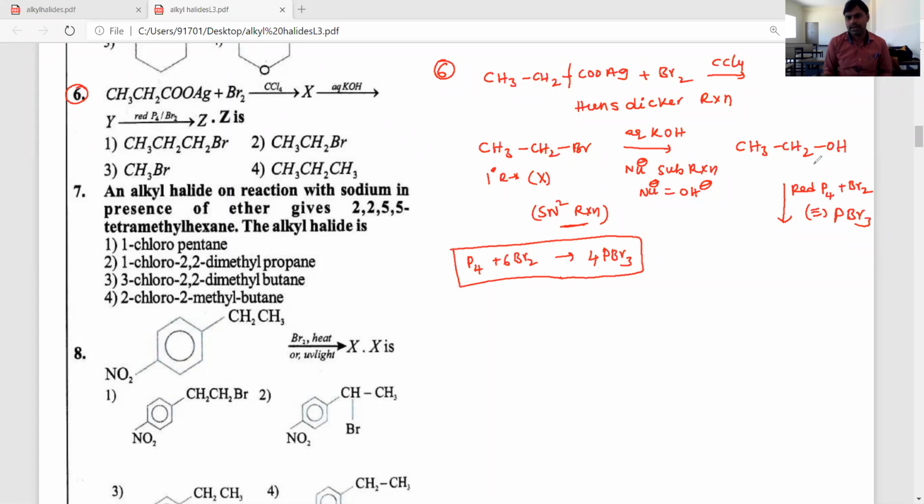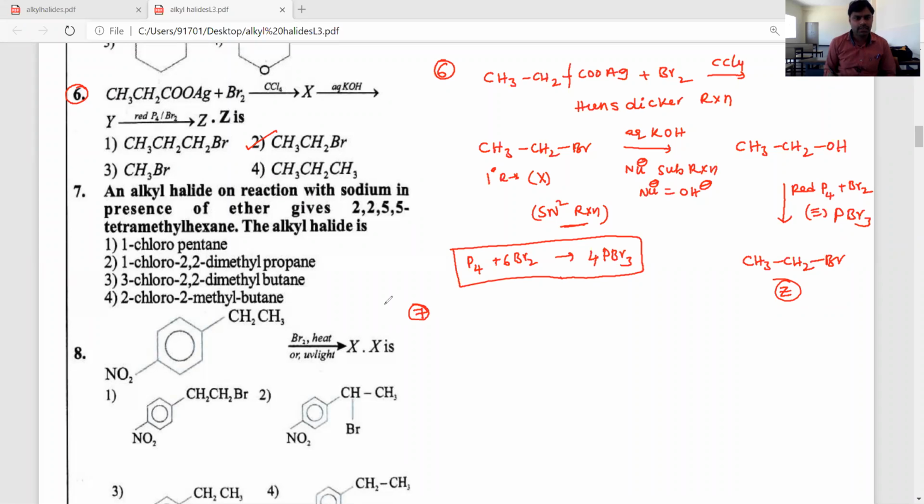Alcohols react with phosphorus trihalides to form the corresponding alkyl halides. So the final product is CH3CH2Br, which is Z. What is Z, they asked? Z is ethyl bromide. Okay, clear? Now let's see the 7th question.